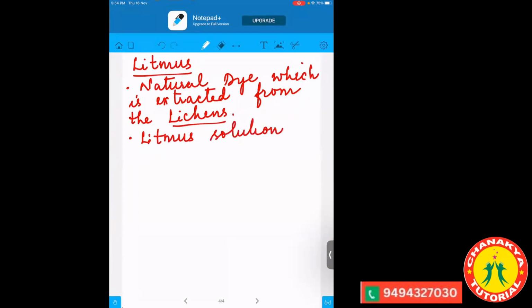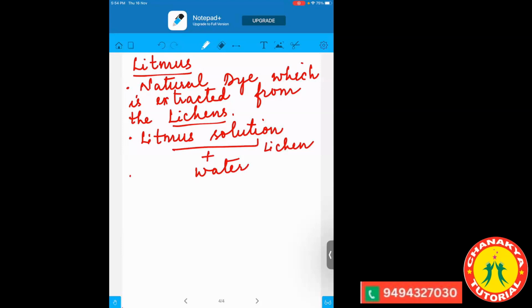How can we make the litmus solution? By adding just water to it. Okay. So when lichens are added into water, what do they create? They create the litmus solution.